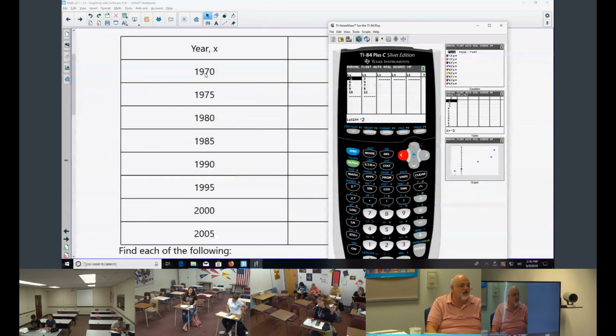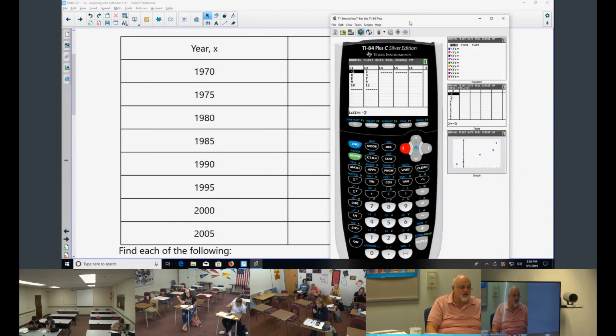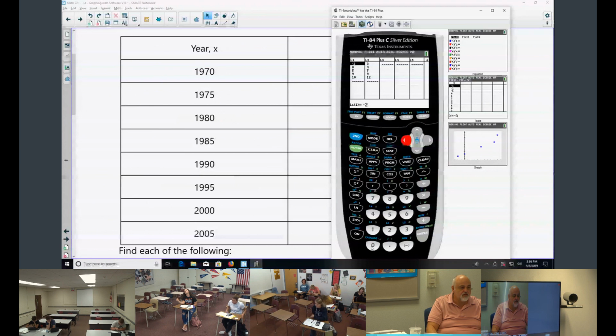So what do we put instead of 1970? 0. So the first year that you're starting to collect data is year 0. Then what would 1975 be? Would that be 1? No. If 1970 is year 0, then it's 5 years later, so it's 5.